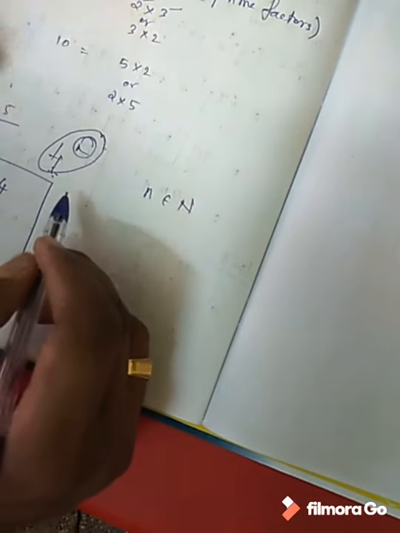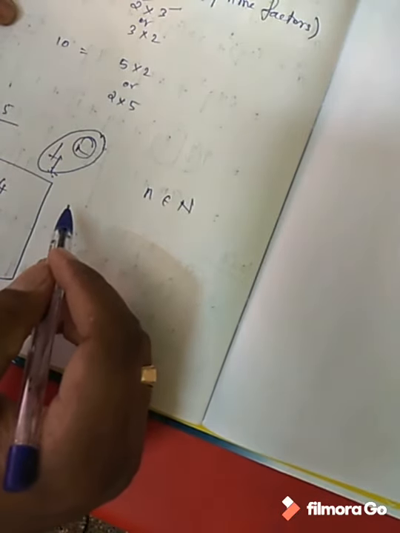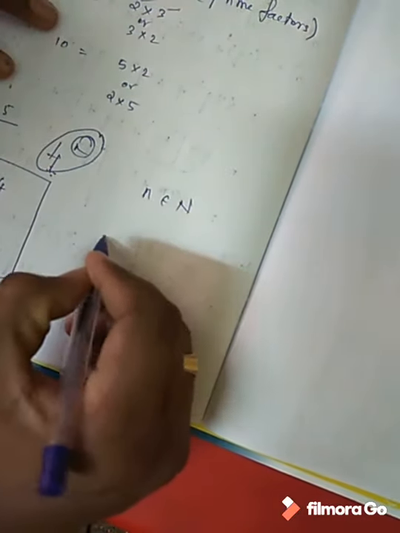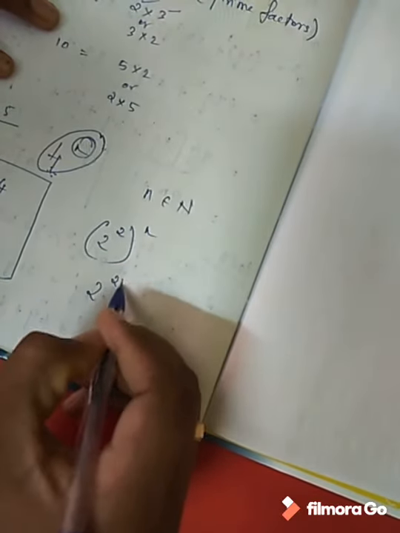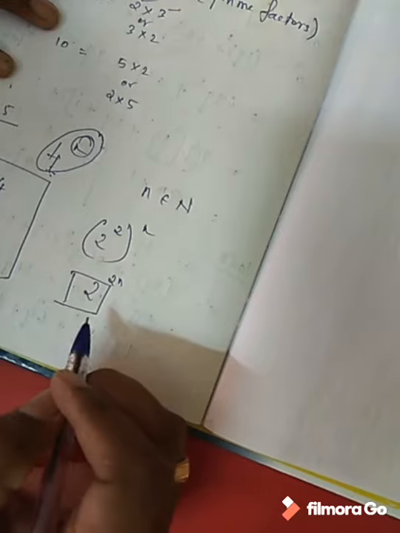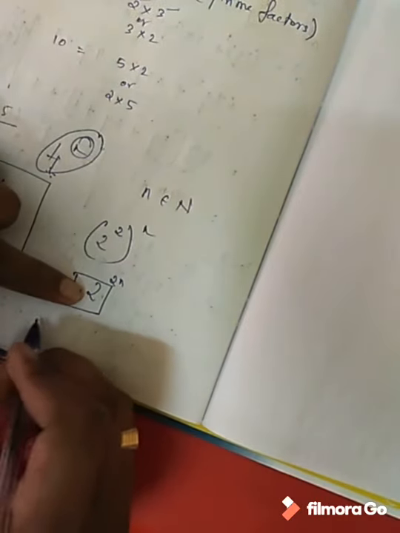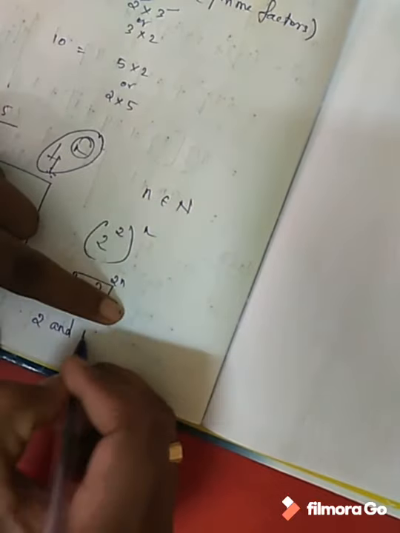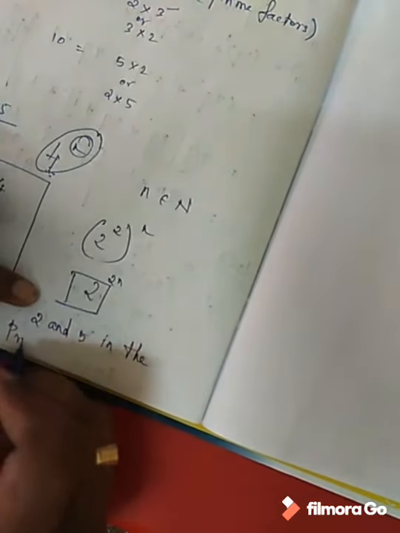Since 4 is a composite number, I can write 2 to the power 2 whole power n as 2 to the power 2n. When we need the unit digit as 0, we need 2 and 5 in the prime factorization, right?